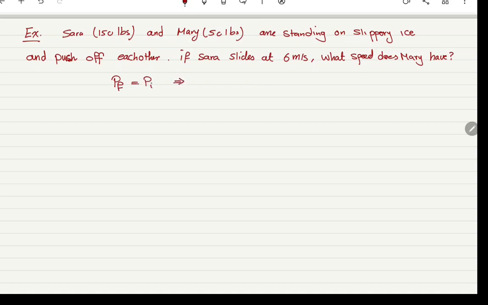In this case, P initial equals 0 for both girls because they are initially standing. Now, the final momentum equals mass for Sarah times V for Sarah, plus mass for Mary times V for Mary.